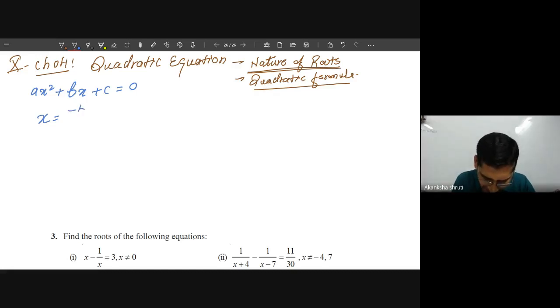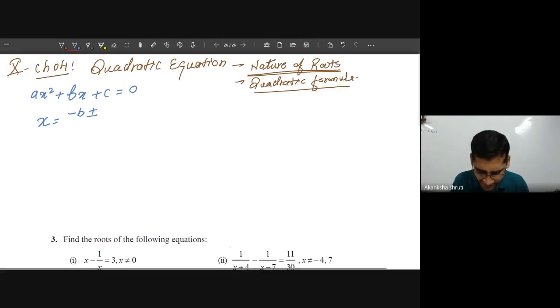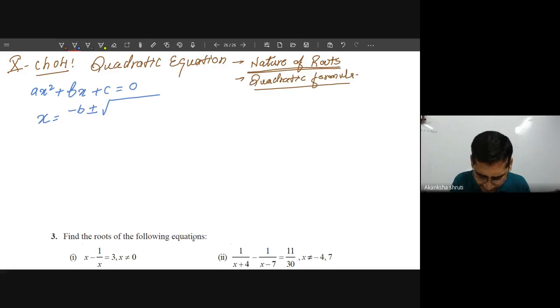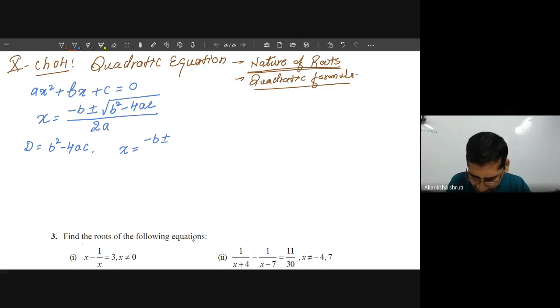It is given by x equals minus b, once plus and once minus, under root of b square minus 4ac, by 2a. Sometimes it is also written with b square minus 4ac called D. So we write D as b square minus 4ac, and x can directly be written as minus b plus minus under root of D by 2a.